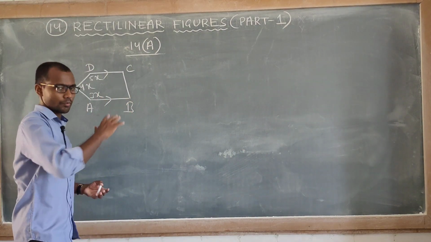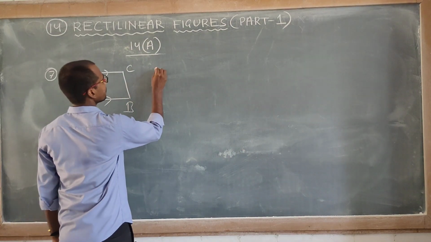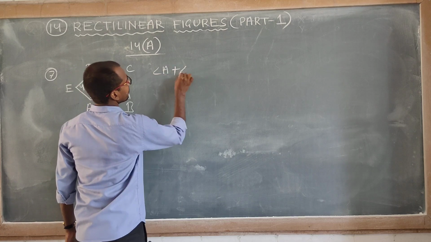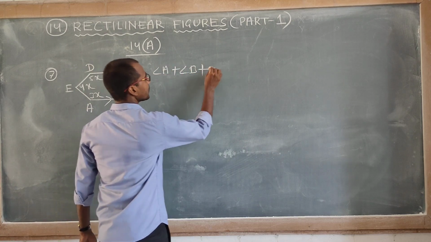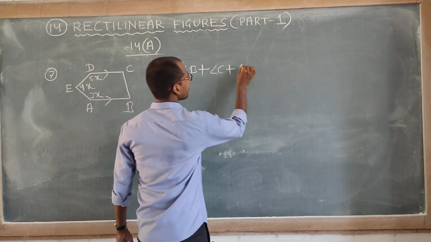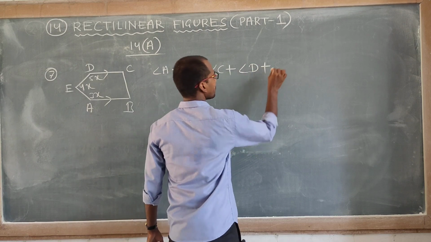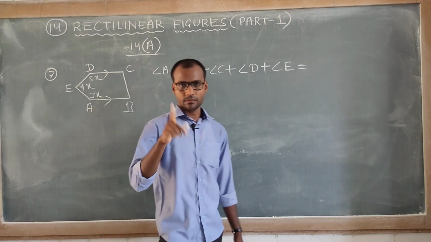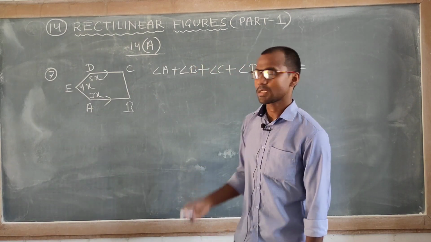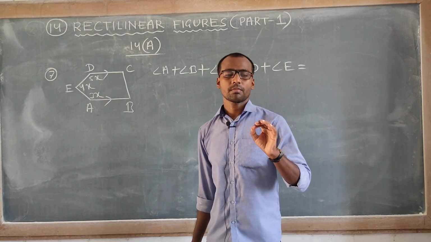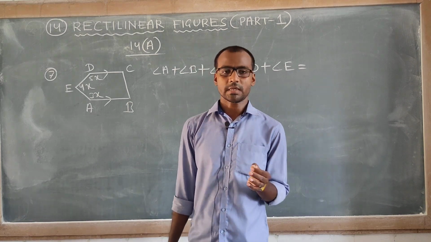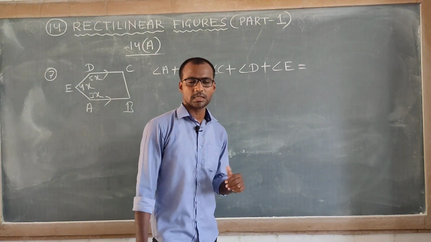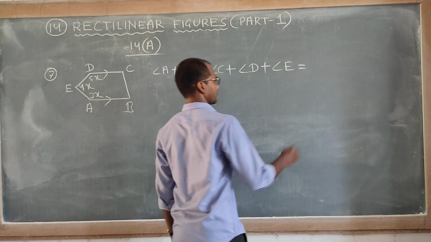Now let us take the sum of the angles. Angle A plus angle B plus angle C plus angle D plus angle E, 5 sides, 5 angles. Okay, 5 angles means n is 5. So sum of angles will be n minus 2 into 180. N minus 2 into 180 means for this case 5 minus 2 into 180.